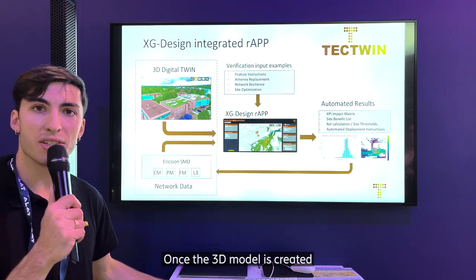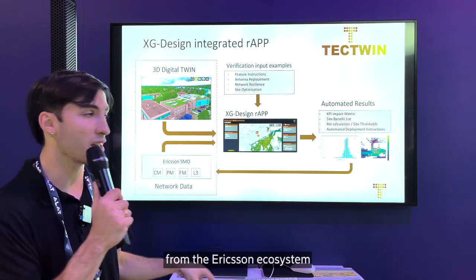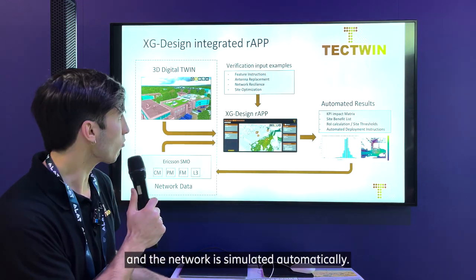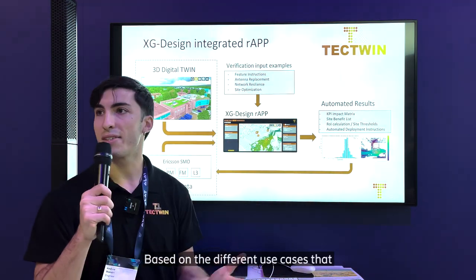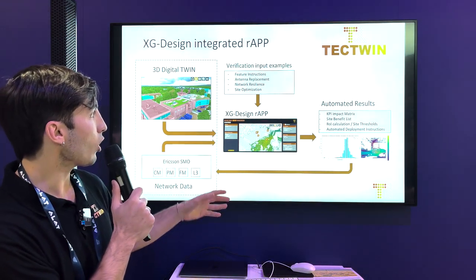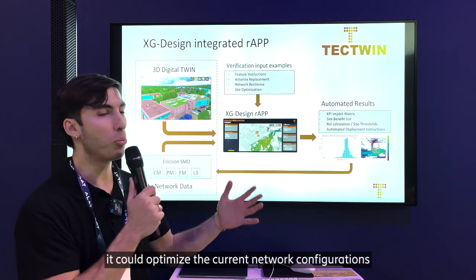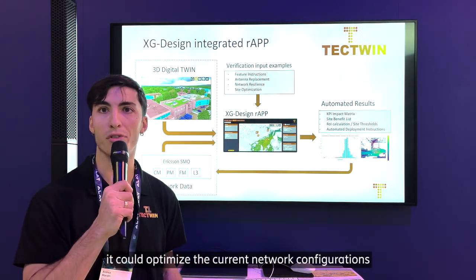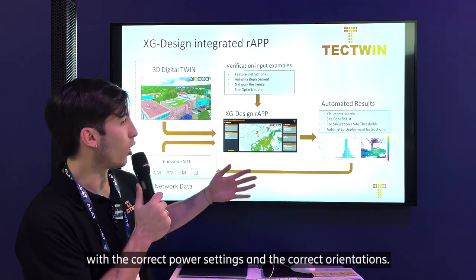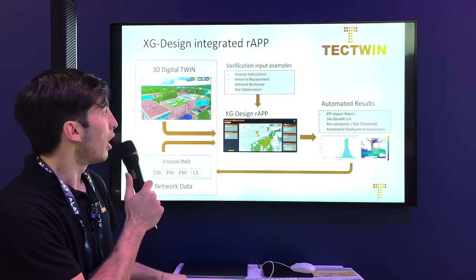Once the 3D model is created, then, as I mentioned before, we pull the CM data from the Ericsson ecosystem, and the network is simulated automatically. Based on the different use cases that the user might want to explore, the tool suggests different things. For example, it could optimize the current network configurations or propose a new antenna deployment with the correct power settings and the correct orientations.